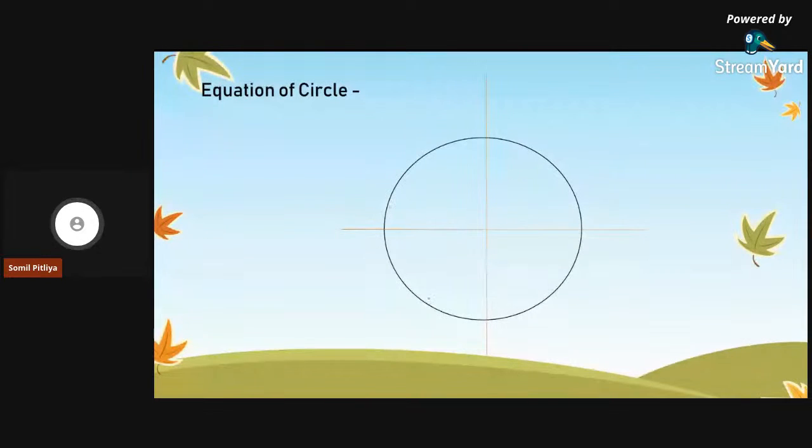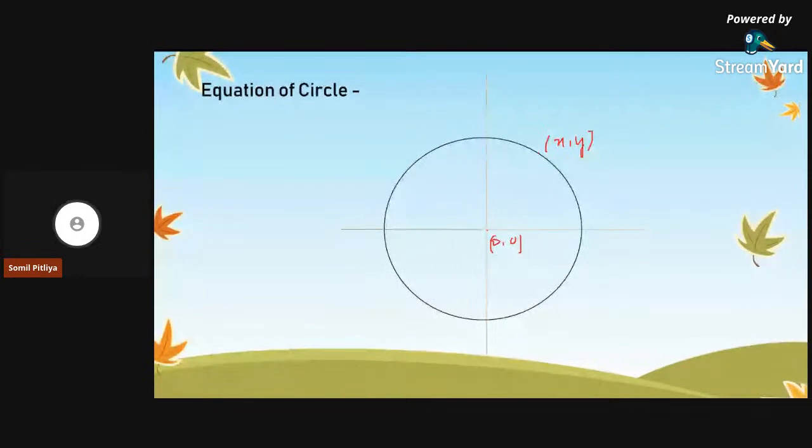Suppose this is my circle, and I am assuming its center is the origin, 0 comma 0, and I take any point on the circle, say x comma y. Now the distance between these two points is always r.